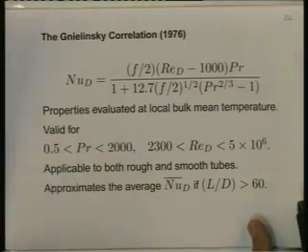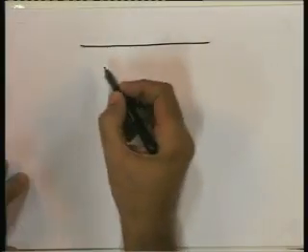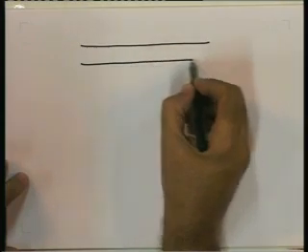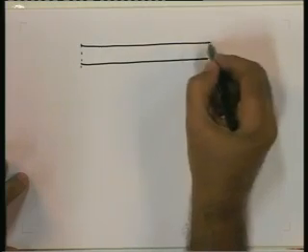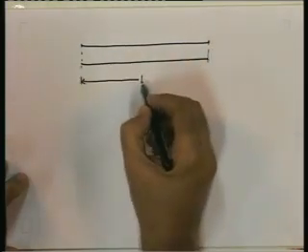Let us take an illustrative example based on the Nielinski correlation. We are now going to look at the same old pipe with which we were playing around. We have a tube of some length L, which we are going to determine here.